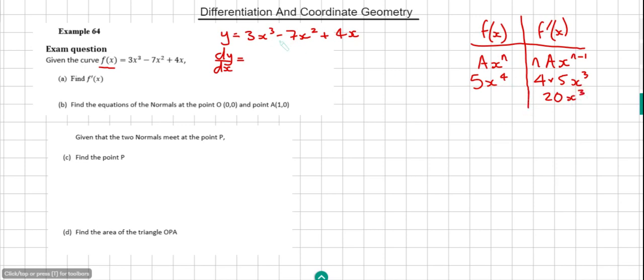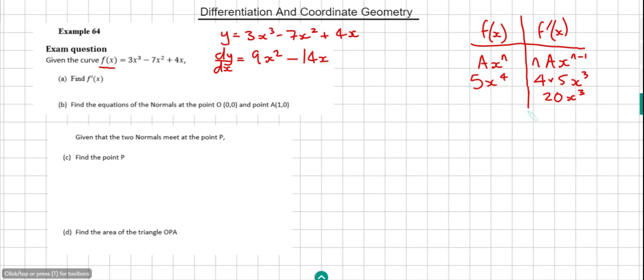If we apply that to this, the 3 multiplies to the front, so we get 9, and subtract 1 from the power, makes it squared. With the minus 7x squared, we multiply by the 2 at the front, so we get minus 14x, and if we knock 1 off the power of 2, it goes to 1, so we can just leave it like that.